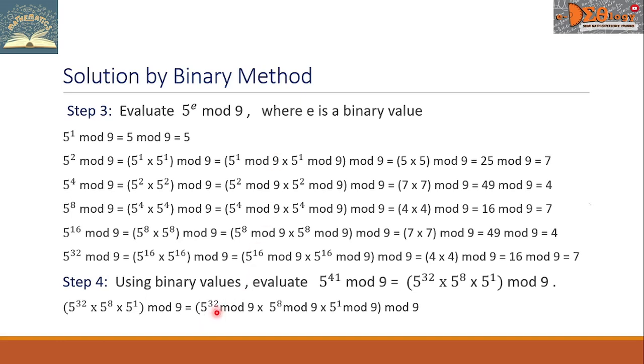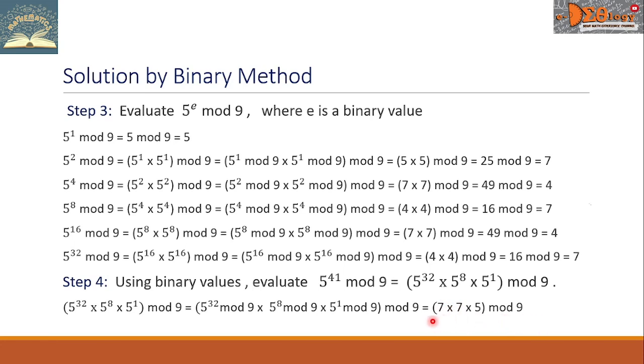So this 5 raised to 32 mod 9 is equal to 7. This 5 raised to 8 mod 9 is equal to 7. This 5 raised to 1 mod 9 is equal to 5. So 7 times 7 times 5, then mod 9.